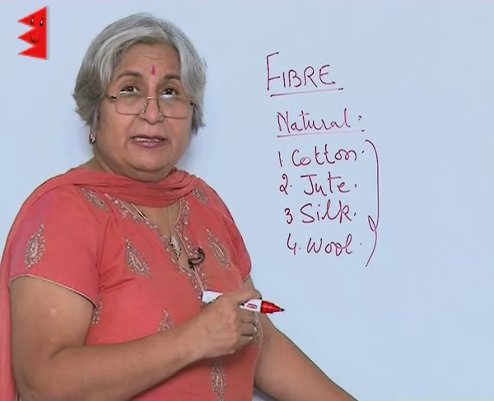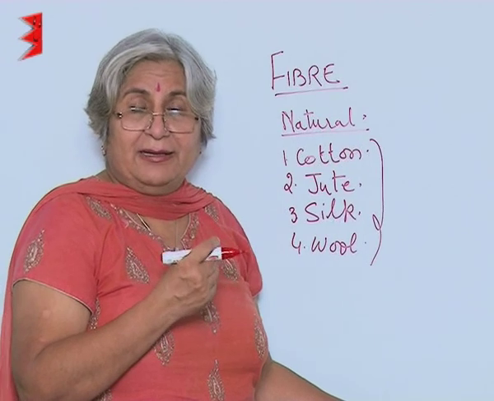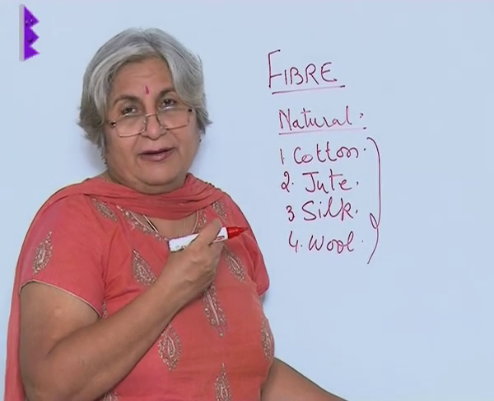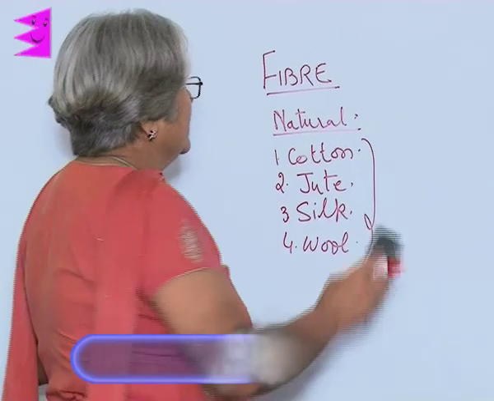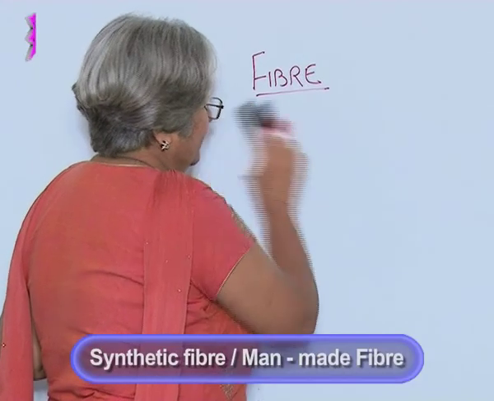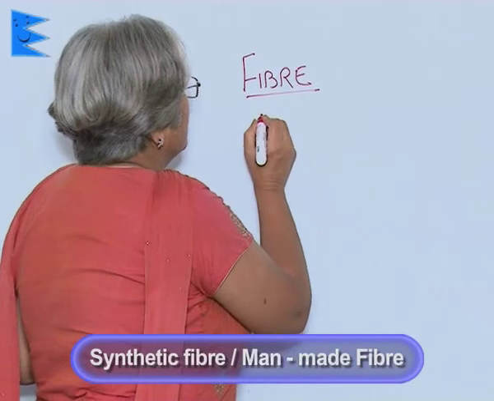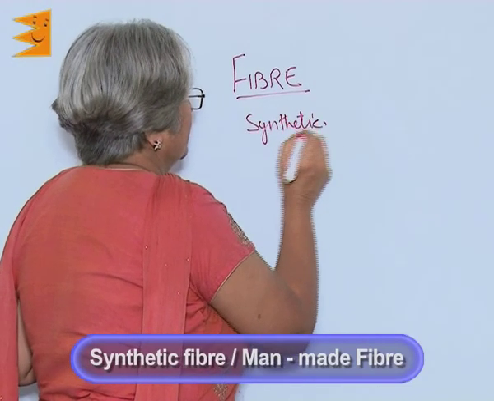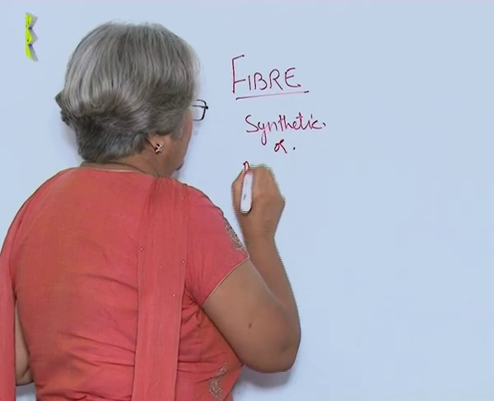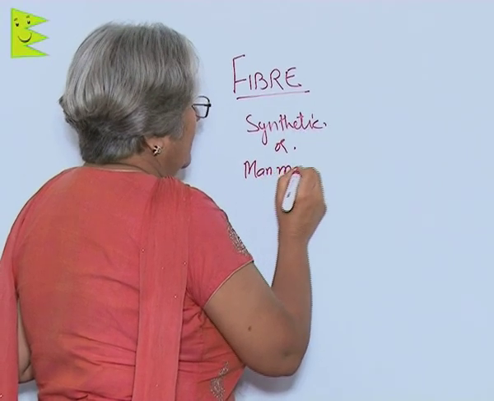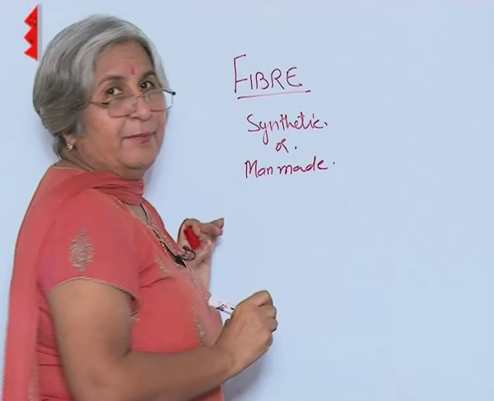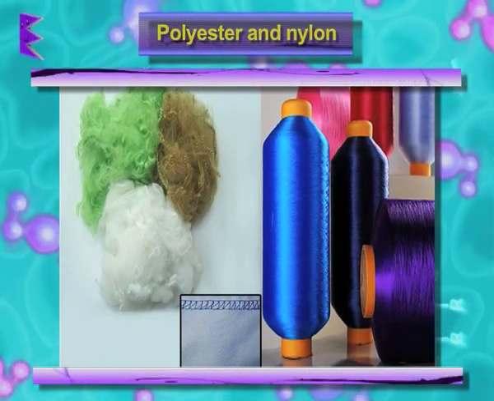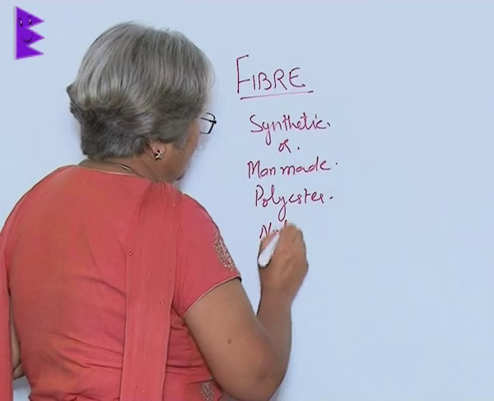So the human beings, with the help of some chemicals, made another kind of fiber which was called synthetic fiber. Synthetic fiber is also called man-made fiber. For example, polyester, nylon, etc.